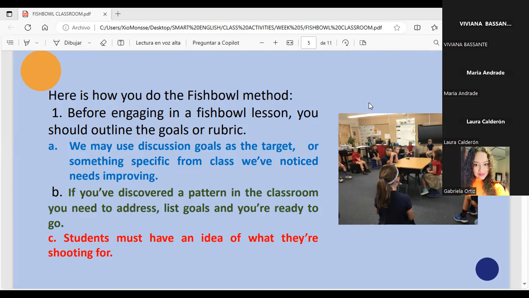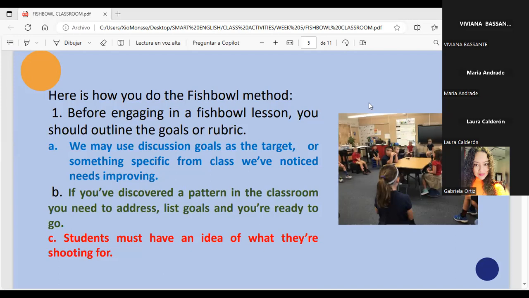Maybe the topic is, I'm going to give you a basic topic: do you prefer chocolate, or do you prefer fruits, for example? Maybe use discussion goals as a target or something specific from the class we notice needs improving.